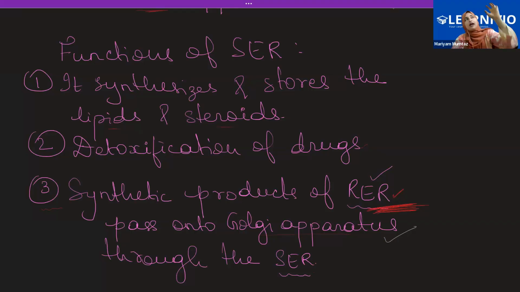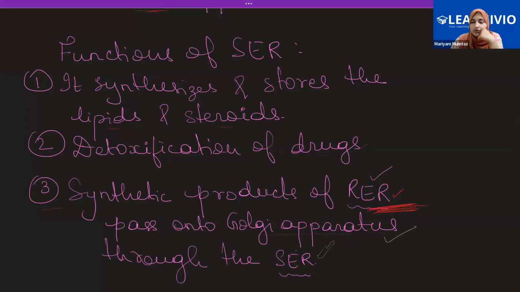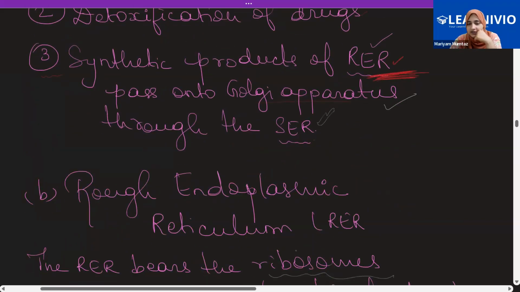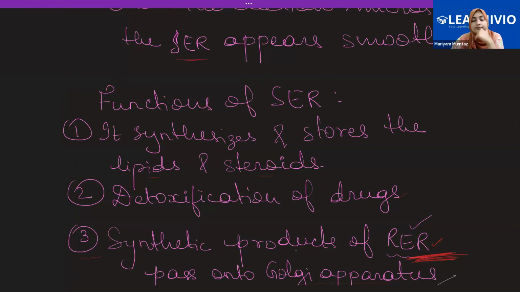And whenever the rough endoplasmic reticulum synthesizes something, the synthetic product passes on to the Golgi apparatus through the smooth endoplasmic reticulum. So SER is clear to you all? Any doubts? No, ma'am.